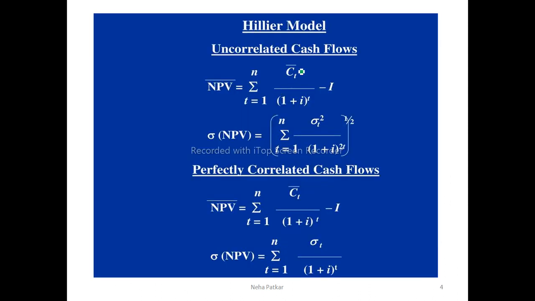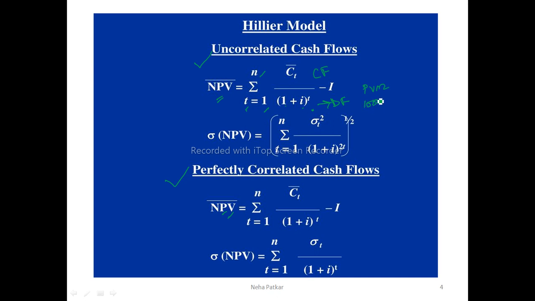Yes, this is the formula which we are going to use for the uncorrelated cash flow and correlated cash flow. NPV is the same in both the cases. If you have noted this, C is what? Cash flow. Okay. Time varies from 1 to n. (1 plus I) to the power t is what? Discounting factor. Why are we taking this discounting factor? To identify the present value of money. Okay.